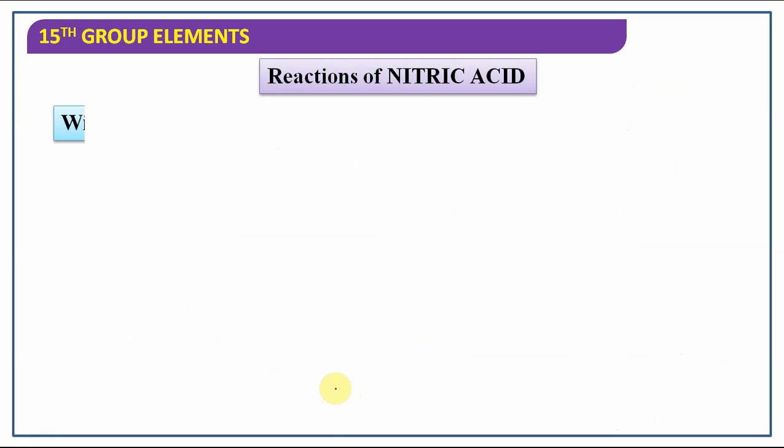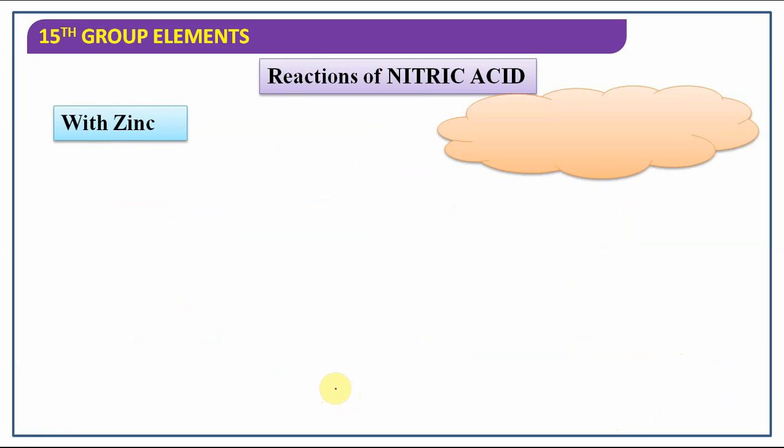Clear? Next, with zinc. Zinc is a metal placed above hydrogen in the electrochemical series. When we talk about it, the same trick is not applicable here. Just observe carefully.